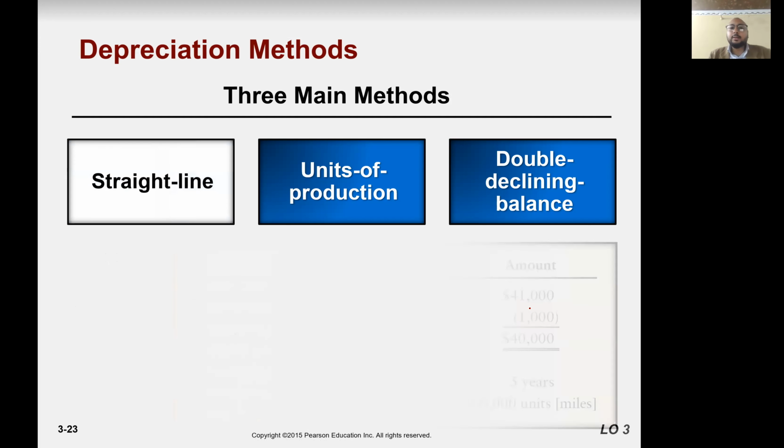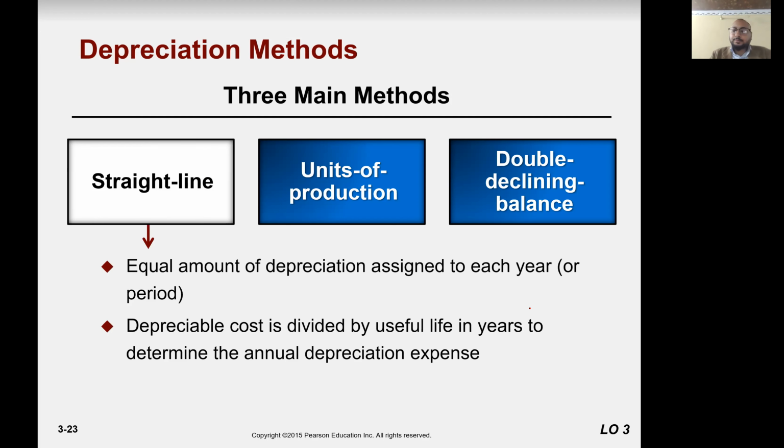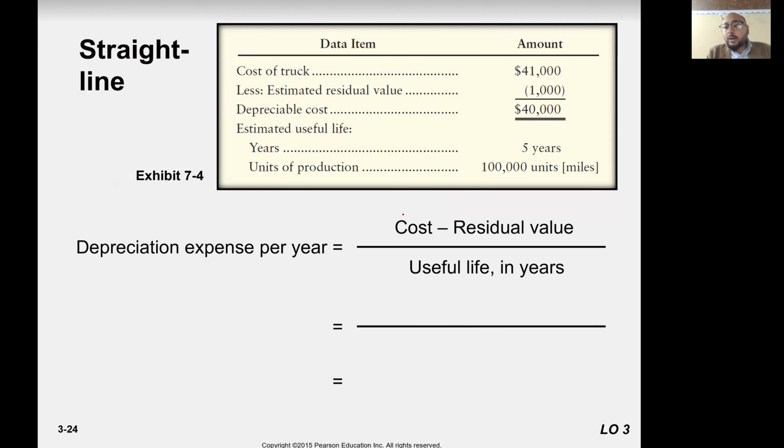So let's do that. If we apply the straight line method, the formula is cost minus residual value divided by useful life in years. Remember, if we are using the straight line method, the life is used in years, not in units.